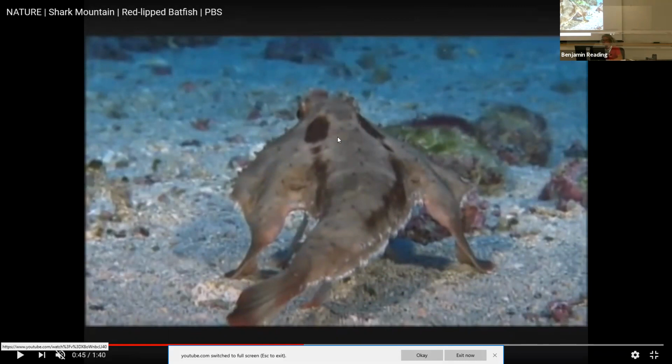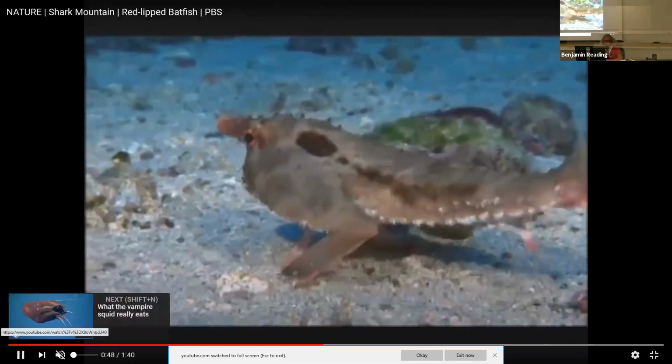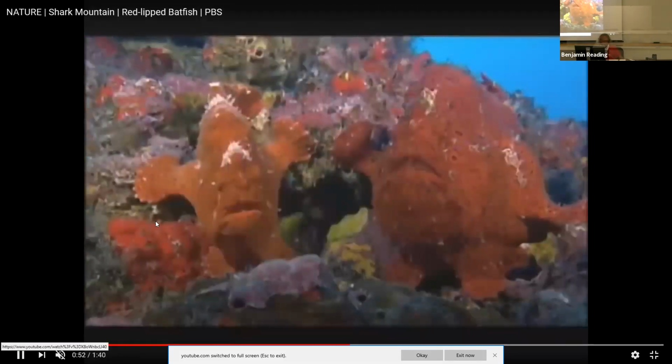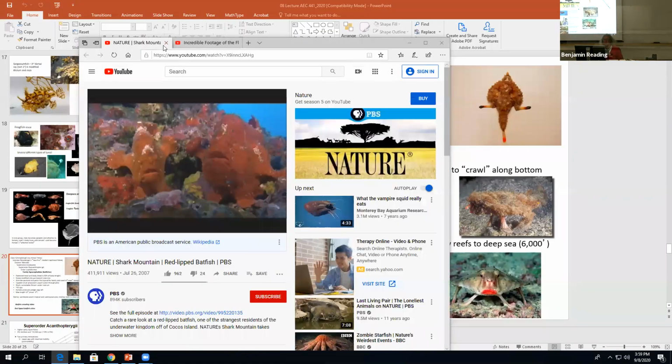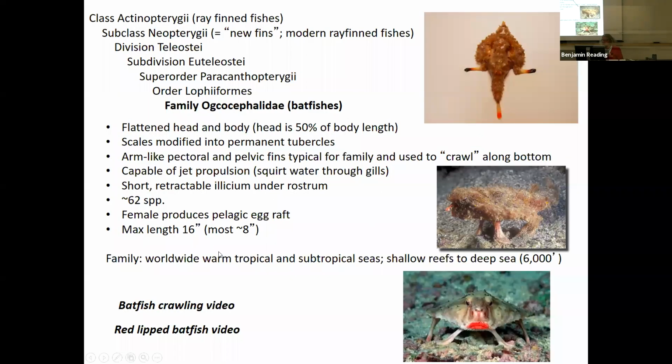So when they gulp water in, they can actually blast water out of these two pores like a jet engine. So that's what we're talking about there. Very odd. So again, Paracanthopterygii as a group, we're talking about odd stuff. The codfish are in there, so it's not that crazy.